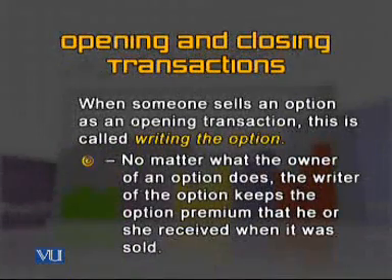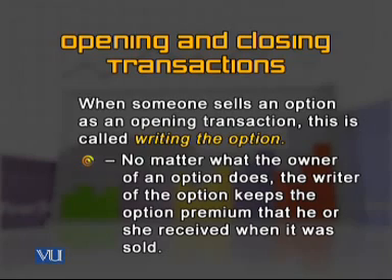No matter what the owner of an option does, the writer of the option keeps the option premium. Remember, one word we talked about, premium, is the price that you pay for getting the right to buy an option. You pay a premium. Premium is not the entire amount. So the writer of the call option or put option gets to keep the premium no matter what happens.